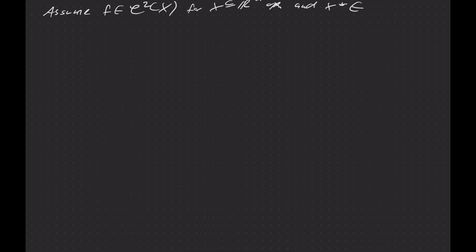And let's say we have a point x star in x with the gradient of f at x star being the zero vector. The question is, how can we find out whether x star is a minimizer or a maximizer, or possibly neither of the two? Could also be a saddle point, of course.